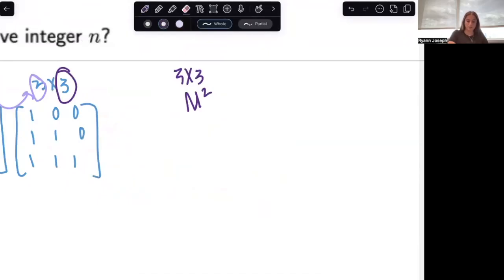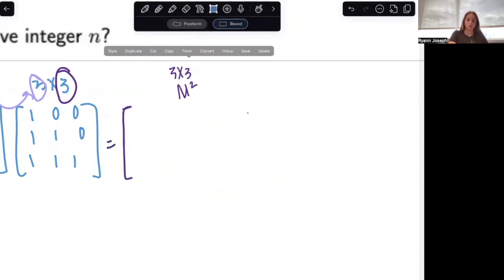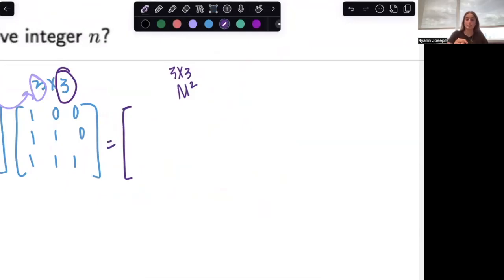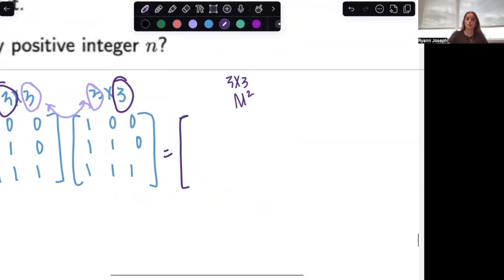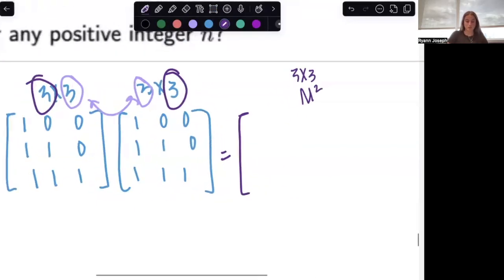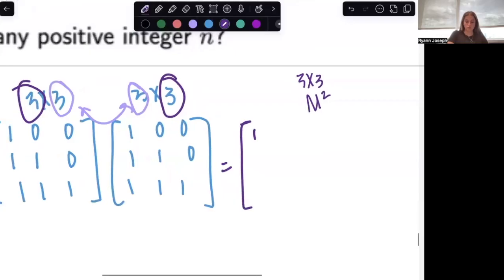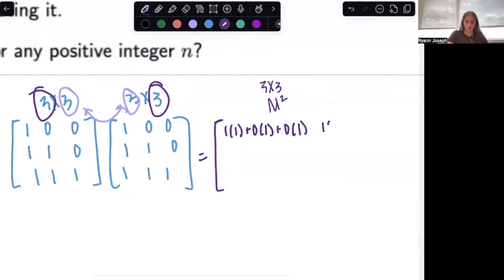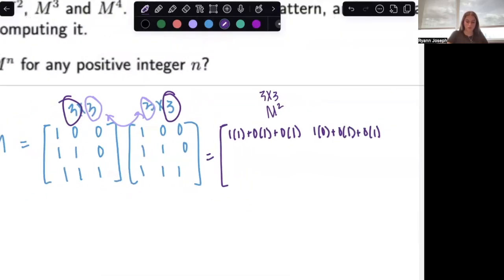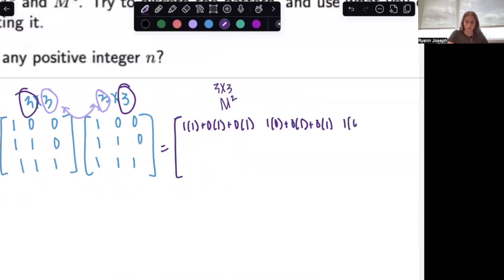All right, let's do this. I would say that the most common matrix multiplication you're going to have to do in this class is 3 by 3s, so it's good practice. Okay, row times column. First row times first column. First row times second column. First row times third column.